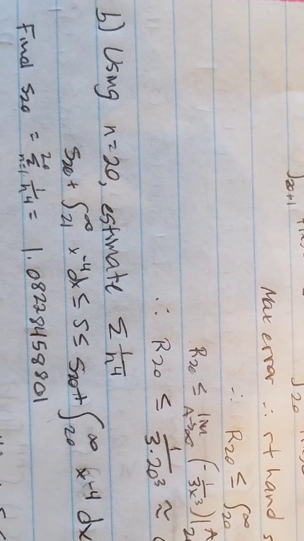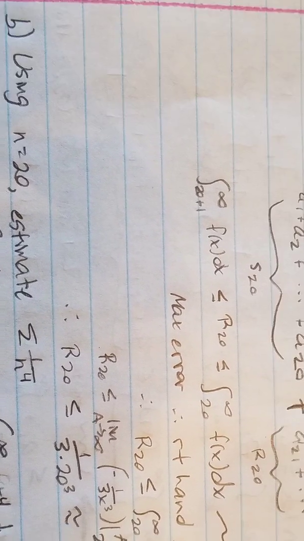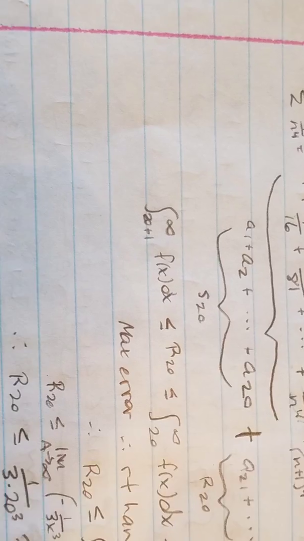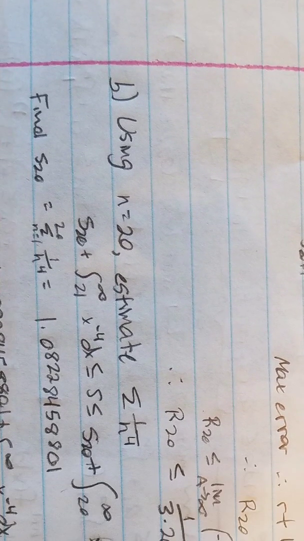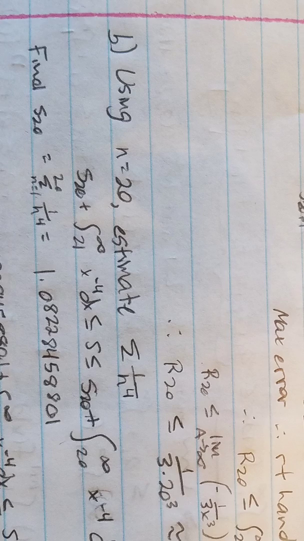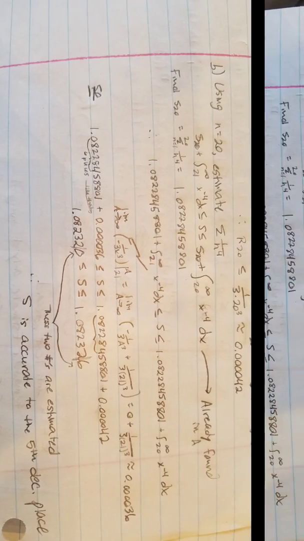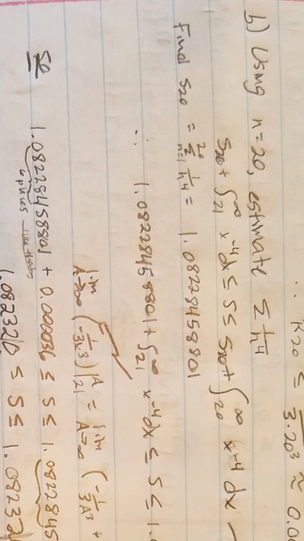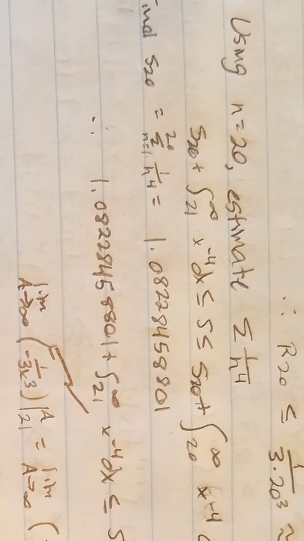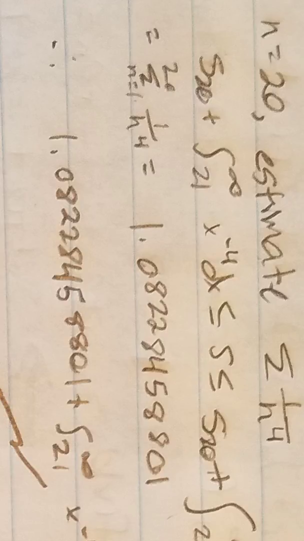So now you can actually use that to approximate the sum. Let's move on to that. That will be part B. Using n equals 20, estimate the actual summation. So the actual summation is s sub 20.